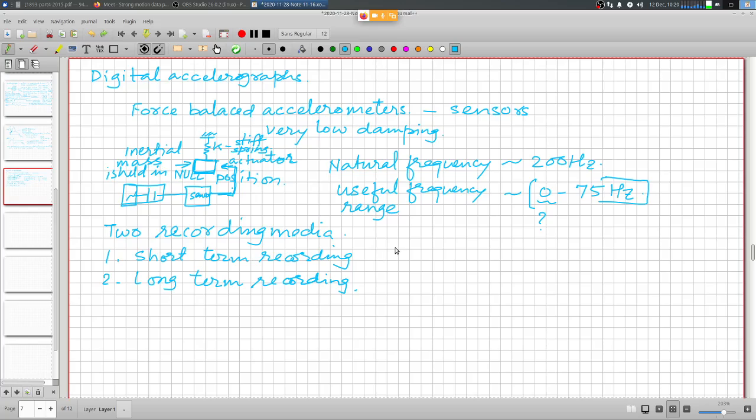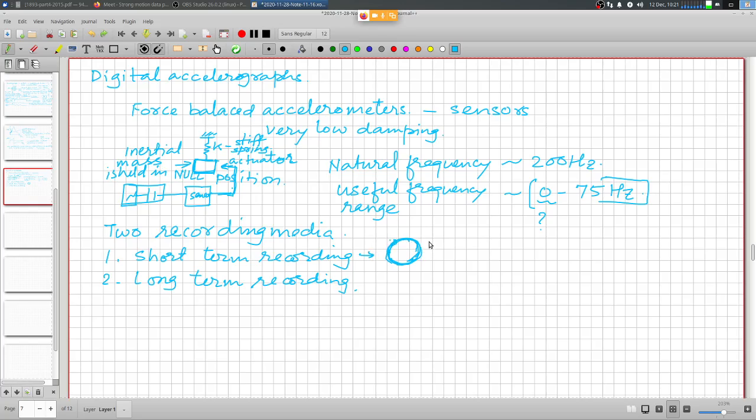What is done is short term recording is a kind of buffer recording. All of them are actually solid state memories, solid state storage devices. So it's a buffer memory. It will keep on recording and writing, and after it is exhausted, it will again overwrite the same memory. So it keeps on writing and rewriting all the time, right?